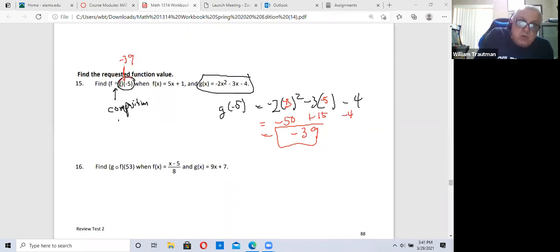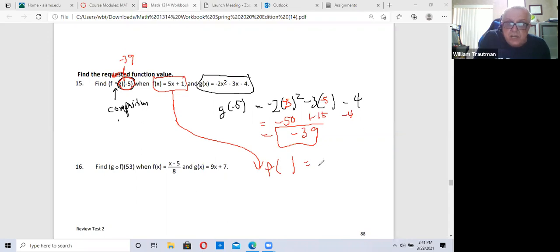Composition says take the answer to the right and put that answer into F. So here's F, and we have 5x minus 1.